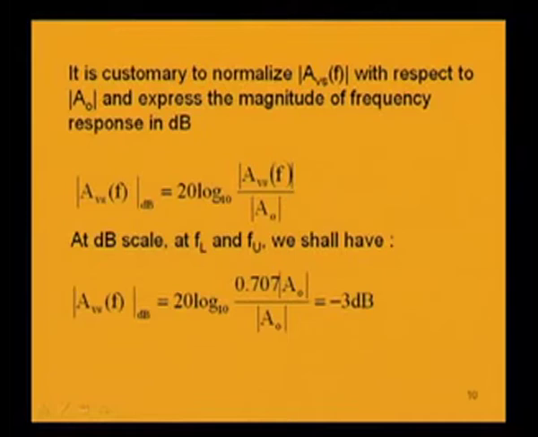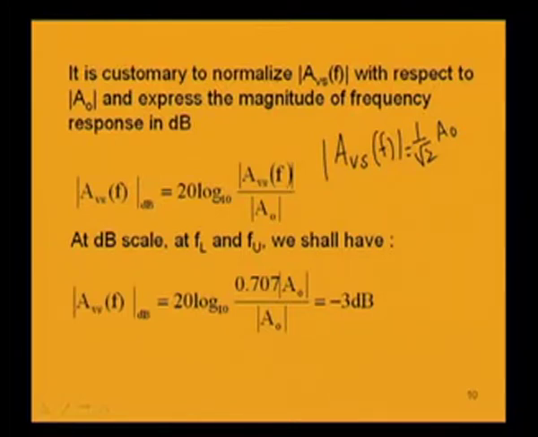As it is customary to write it in decibel, on the decibel scale at FL and FU, that is at the lower cutoff and upper cutoff frequencies, the magnitude of the voltage gain AVSF will be 1 by root 2 times A naught.